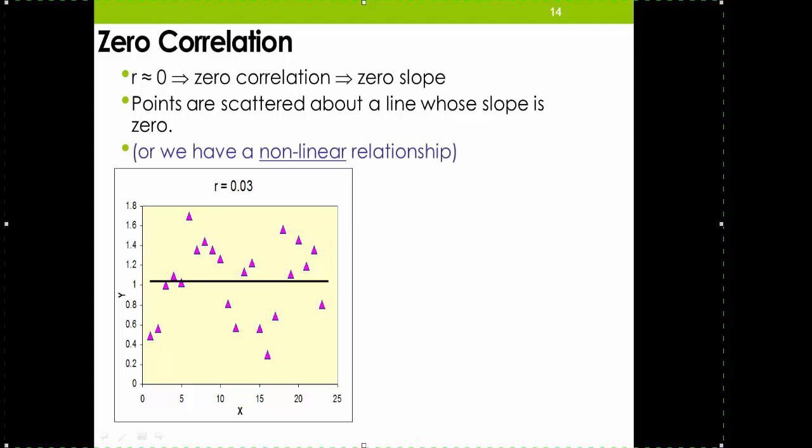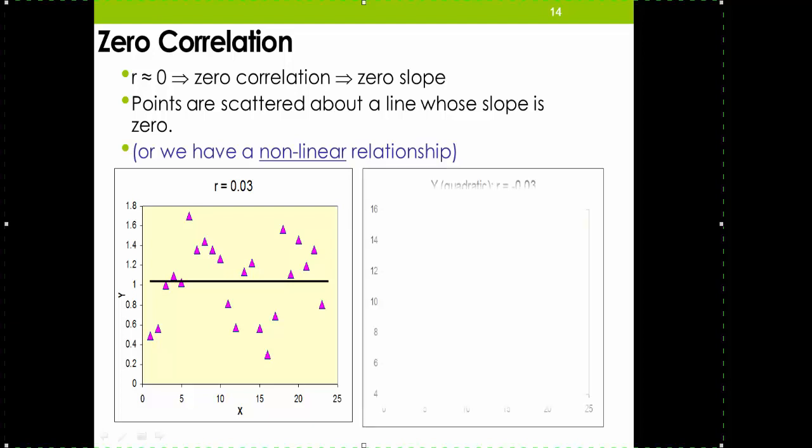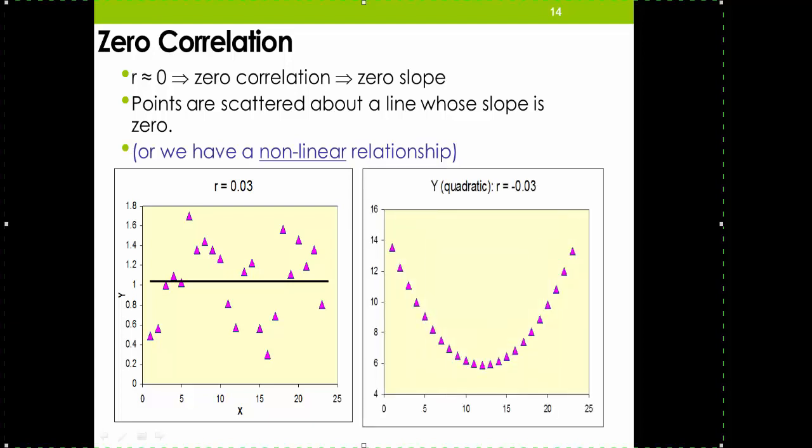Now here's an important point to remember. It may be that your relationship is indeed a very strong one, but it is non-linear. So in this example we have a quadratic relationship. Now the correlation coefficient, the Pearson's correlation coefficient, is measuring the strength of a linear relationship.